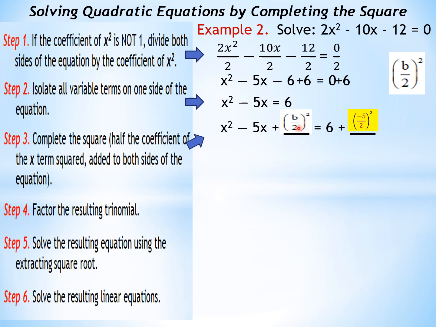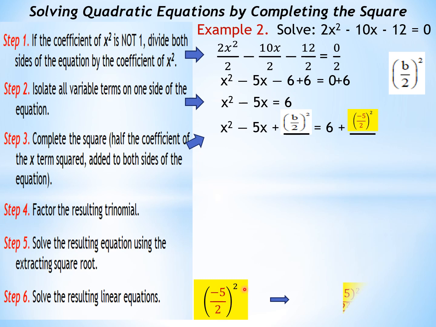So, now, ano yung b natin? Ano yung value ng b natin? So, kung mapapansin nyo, that is negative 5. So, lalagay natin negative 5. Negative 5 divided by 2, constant yan, hindi mapapalitan yung 2 na yan, lagi yan, squared. So, dito, hindi natin madidivide na whole number yung sagot.